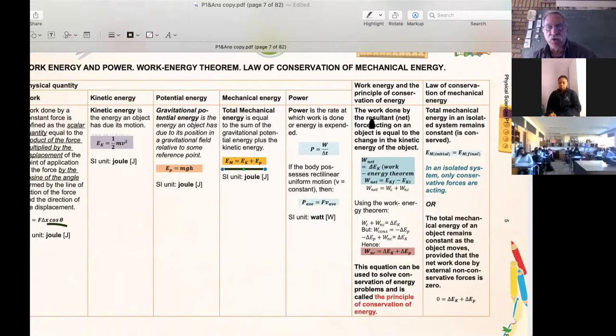The work done by the resultant net force acting on an object is equal to the change in the kinetic energy of the object, or work net equals delta EK. Work net equals delta EK. That is called the work energy theorem. Okay, work net equals change of kinetic energy.